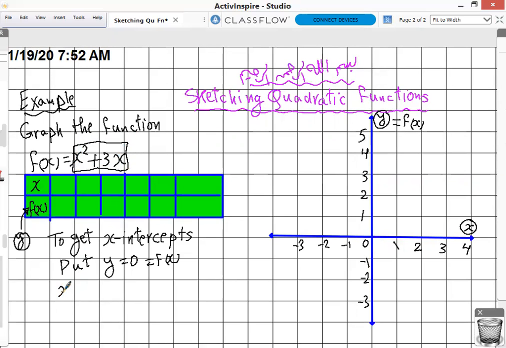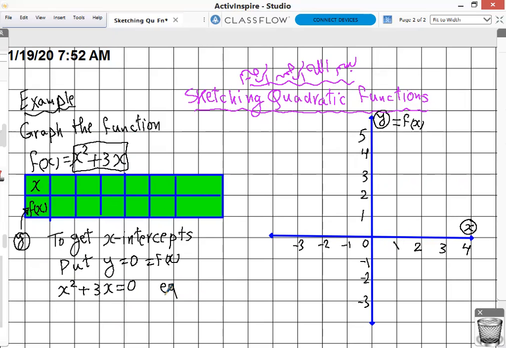That's meaning we'll put x squared plus 3x equals what? 0. Then if you want to get values of x in this equation, we name this what? Equation. Now the function changed into equation.